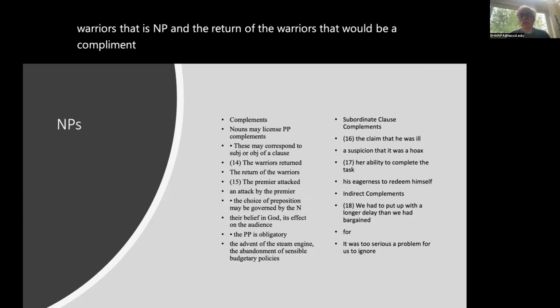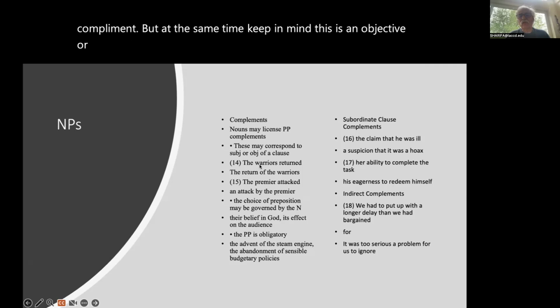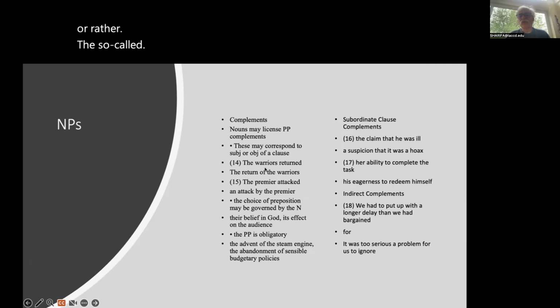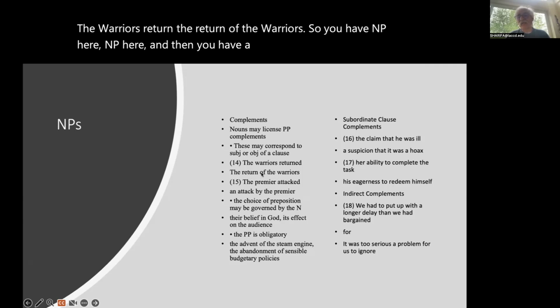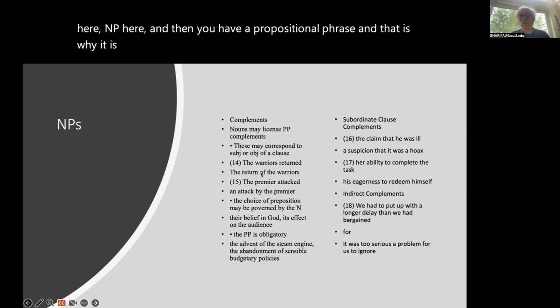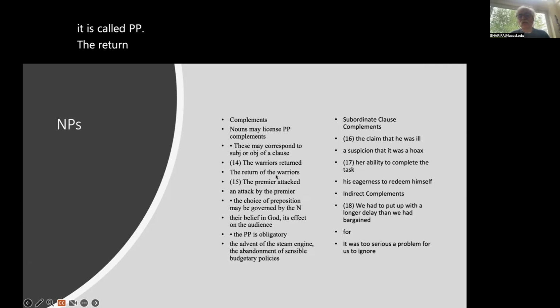But at the same time, keep in mind this is an objective, or rather, the so-called "the warriors return," "the return of the warriors." So you have NP here, and then you have a prepositional phrase, and that is why it is called PP: the return of the warriors.